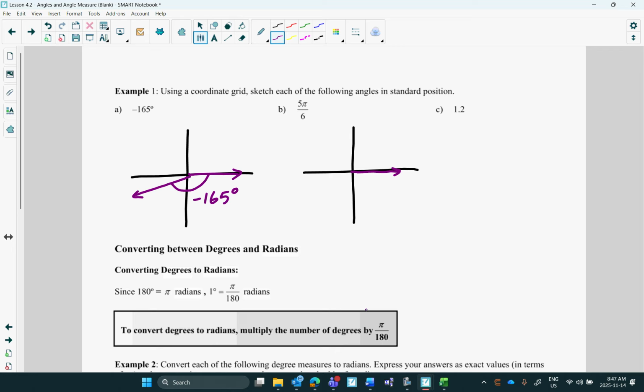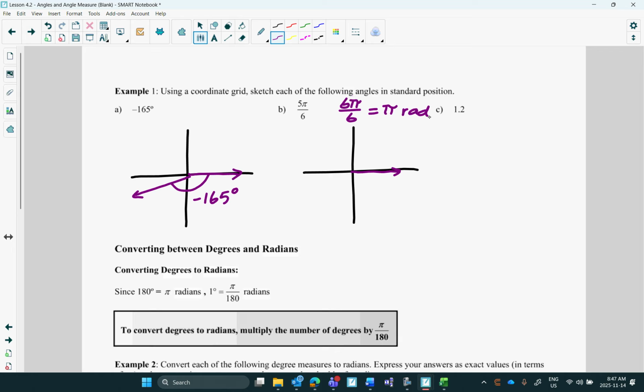If you want to think of this in degrees, you can, or you can think of this in radians. 5 pi over 6. Well, if you think 6 pi over 6 is how many radians? Just do the division. Pi. Right? And how much of a circle is pi radians?